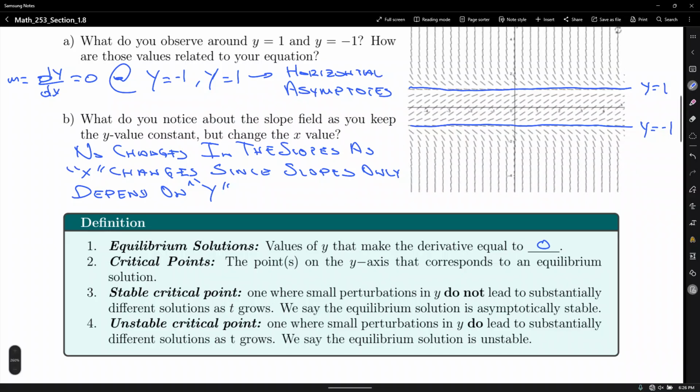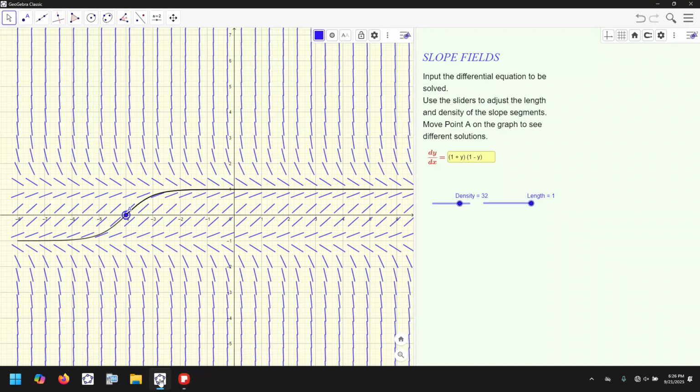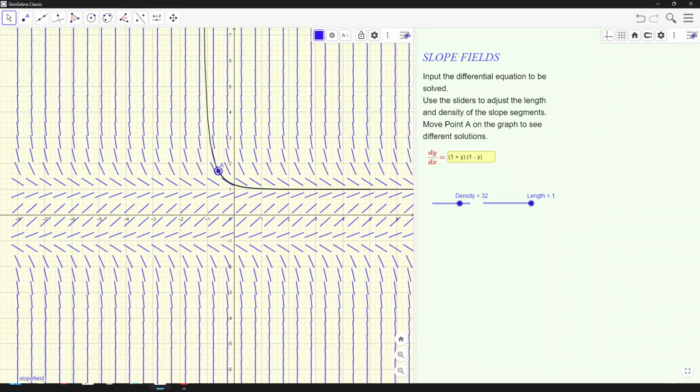We say the equilibrium solution is asymptotically stable. That's the case where we get to the same value, like here.